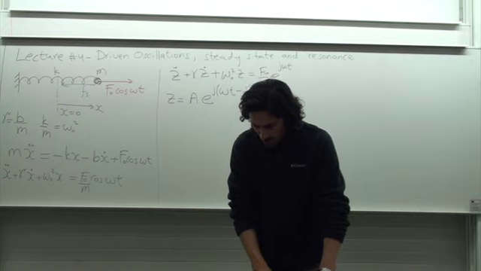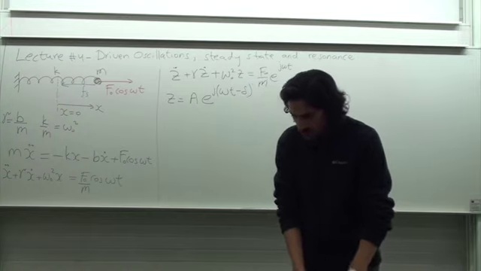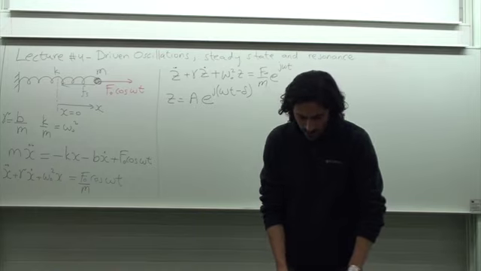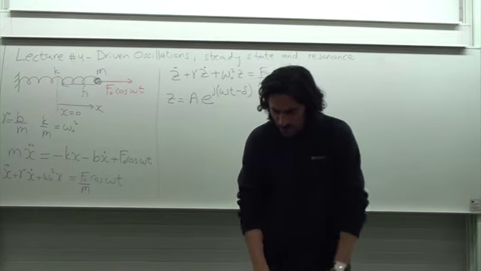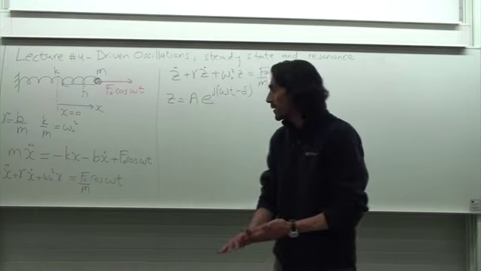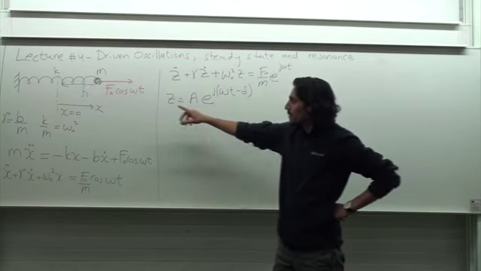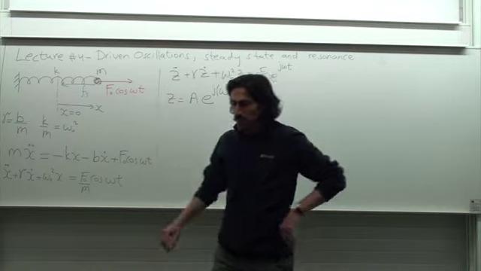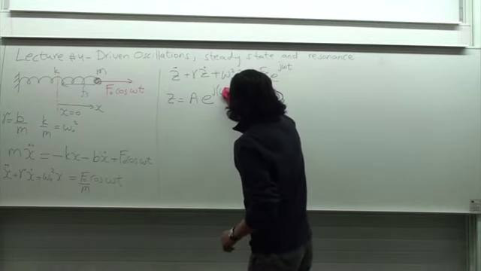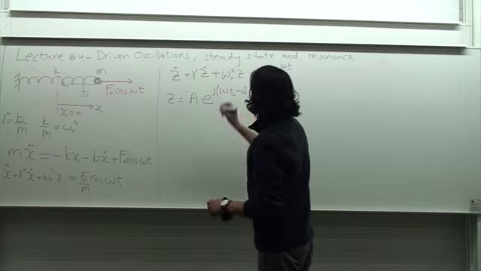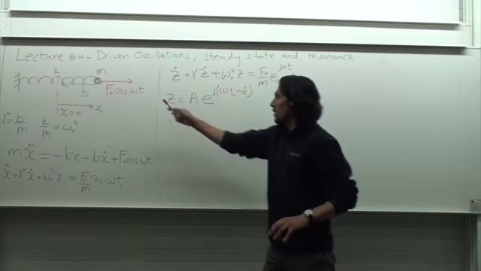There's a reason why I write it this way, and you're going to find out soon. But it's very important now to understand why I use this omega here. This is the same omega from the driving force.